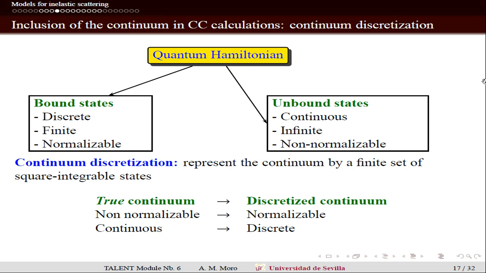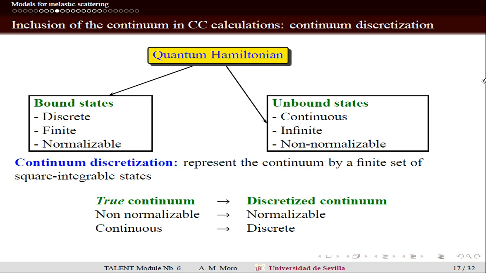So in order to apply this coupled channel method, which assumes a finite number of states coupled between them, the idea is to perform what is called a discretization of the continuum spectrum. This means representing this continuum, or part of it. We first have to identify what piece of the continuum might be relevant according to the energies populated in this reaction.